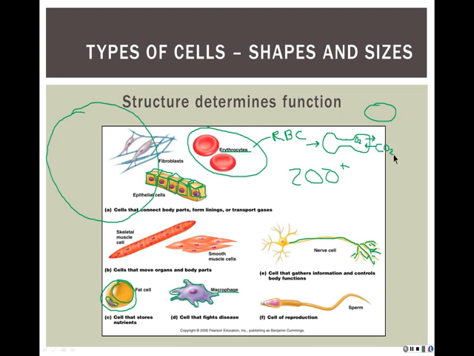So we get the oxygen out of the red blood cells into the body's cells, and then pick up the waste products, the carbon dioxide, or CO2. This particular shape increases the surface area, so you're going to have more diffusion able to happen on the surface of every little one of those red blood cells, instead of making it just circular, or just making it really big.